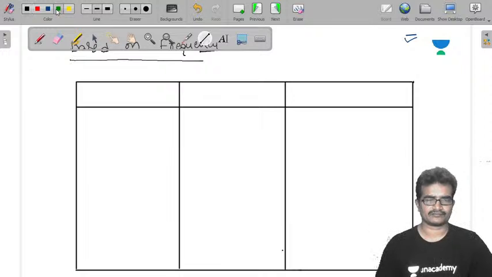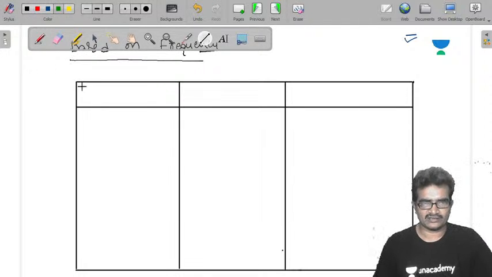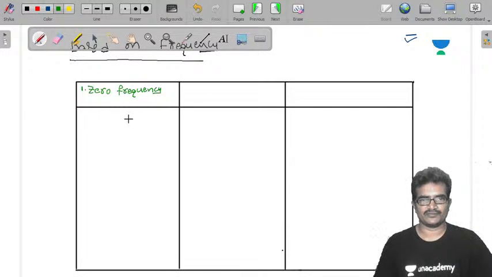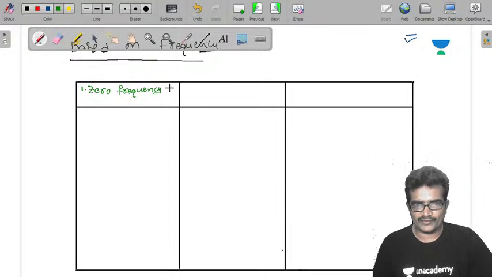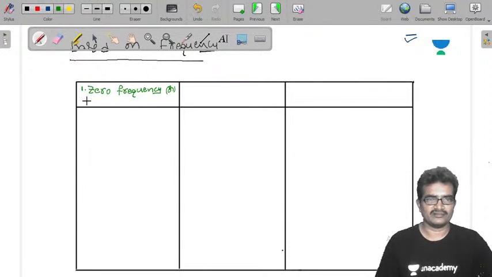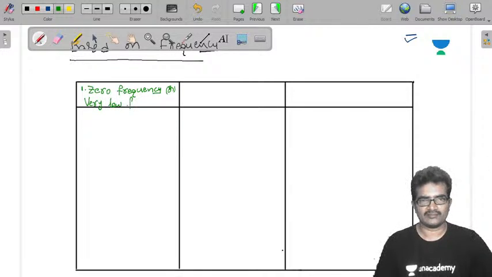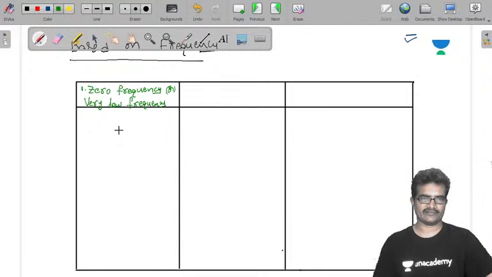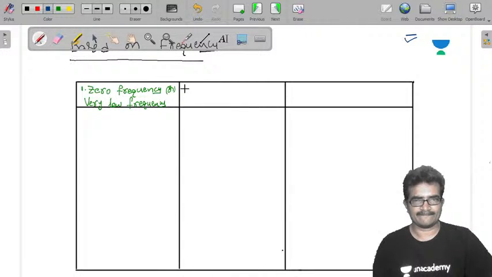So here it is. The first one is zero frequency or very low frequency. The second one is audio frequency.